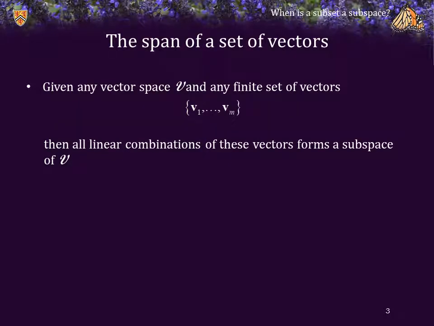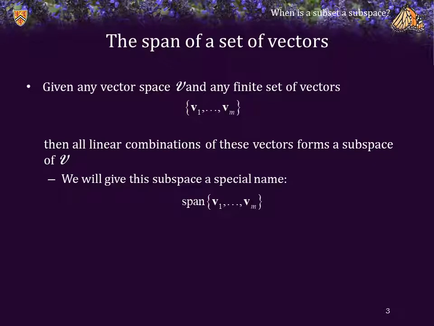Now, given any vector space, we saw that given a finite number of vectors, if we then consider all linear combinations of these vectors, that forms a subspace of the vector space V. We're actually going to give this subspace a special name. It is the span of these M vectors.